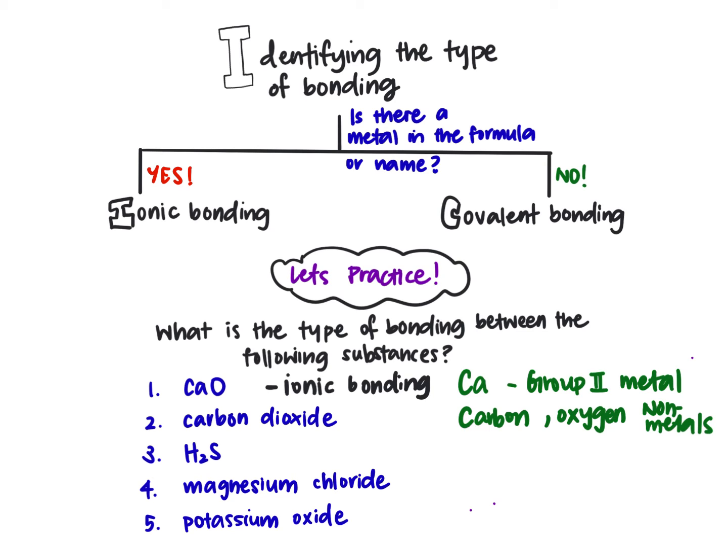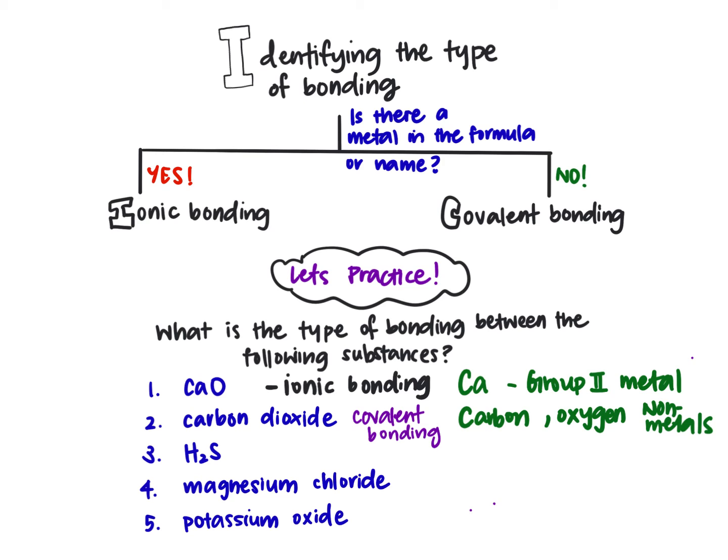So let's follow the chart again. There is no metal in carbon dioxide, so it points us to covalent bonding. So number 2 is a covalent substance, and the bonding is covalent bond.